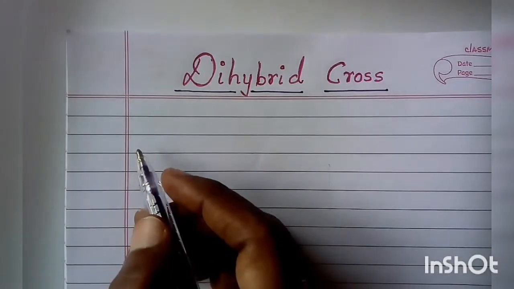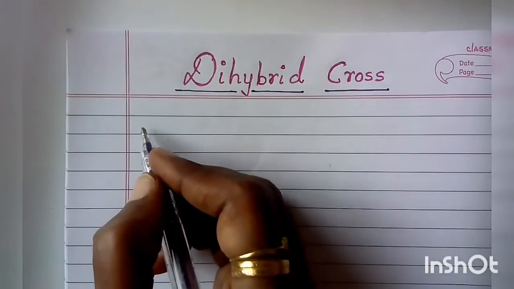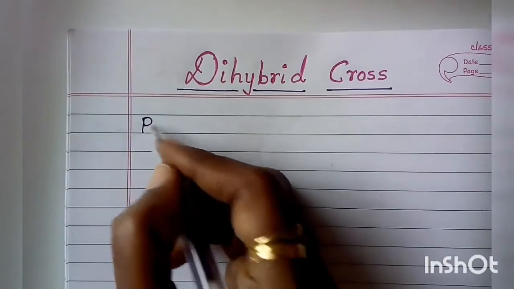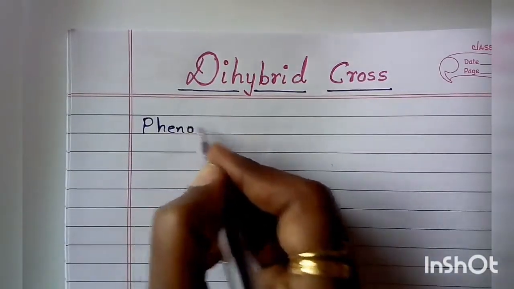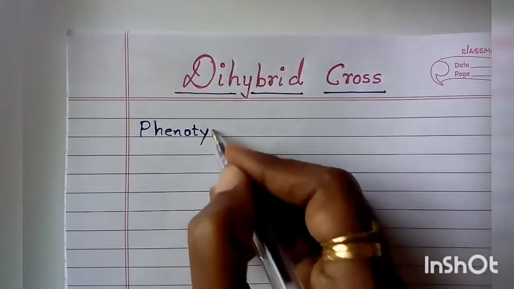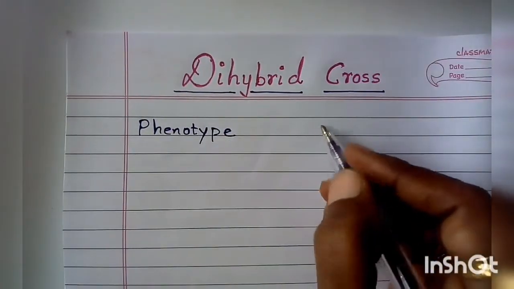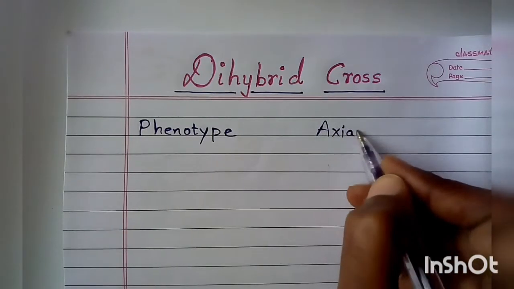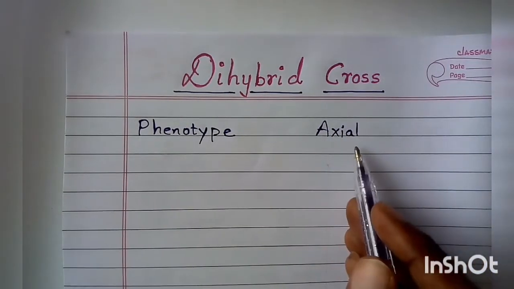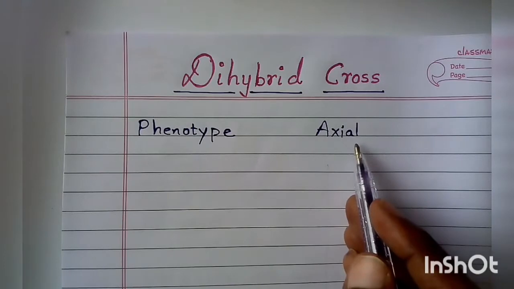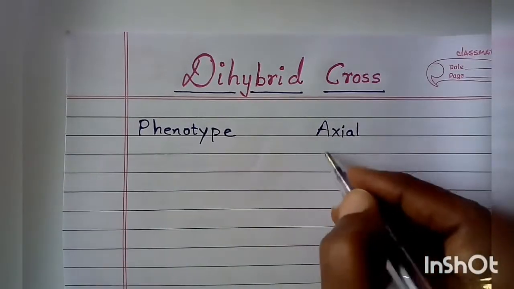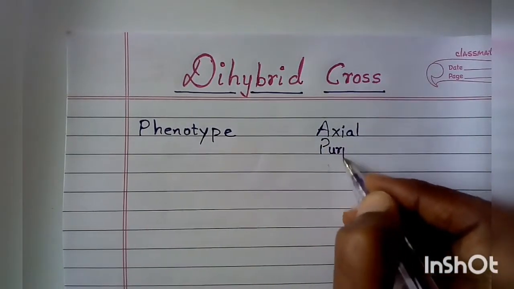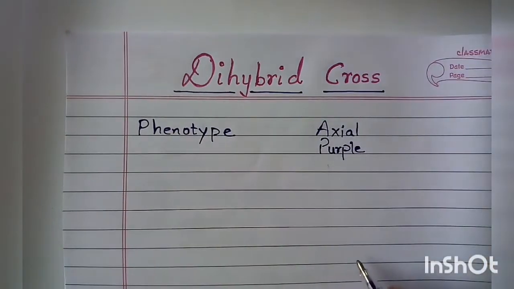What will be the phenotype of the parents? Now the phenotype for the parents, with the characters that we have chosen, is axial. This is the position of the flower, and what is the color? It is purple.